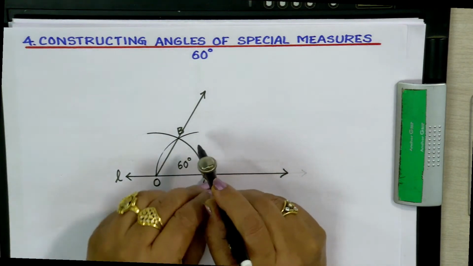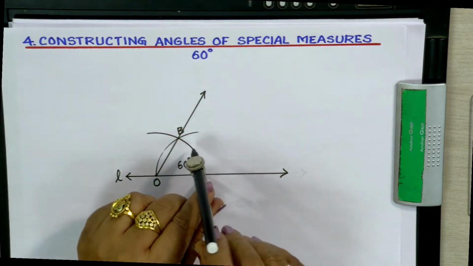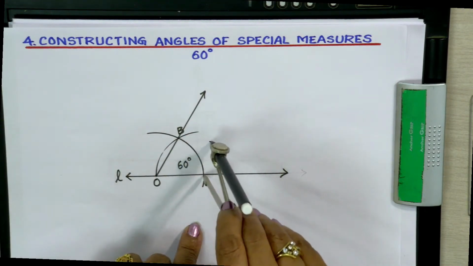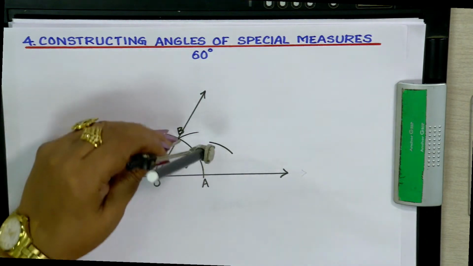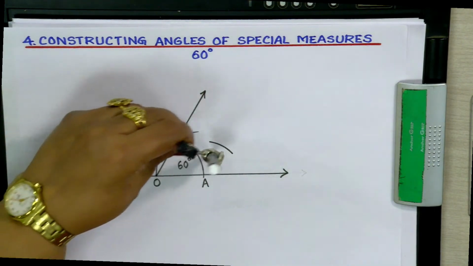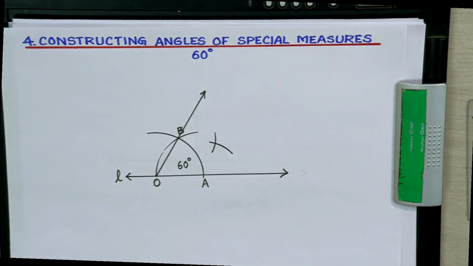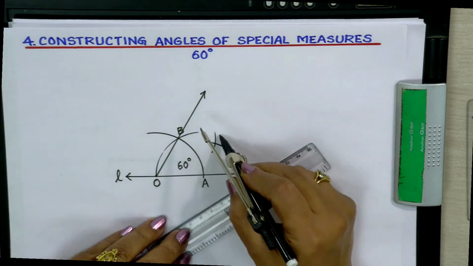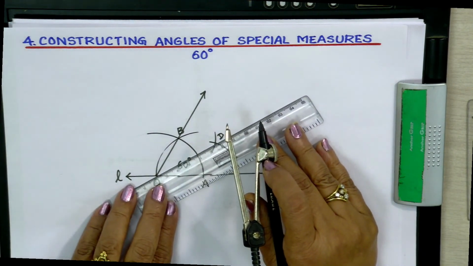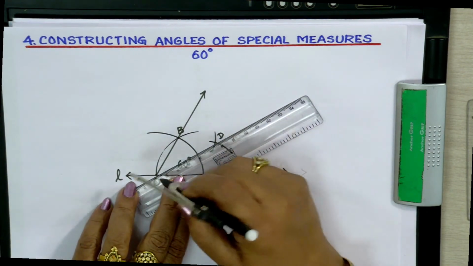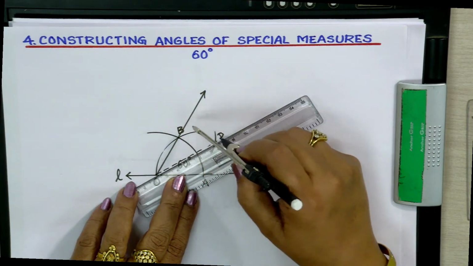I will take more than half of AB, and as we bisected the angle in the same pattern, we will draw an arc here, and placing the compass on B, I will cut this previous arc. Now, if I join these points, let me name this point as D, and if I join this OD, this will be the bisector of 60 degrees.